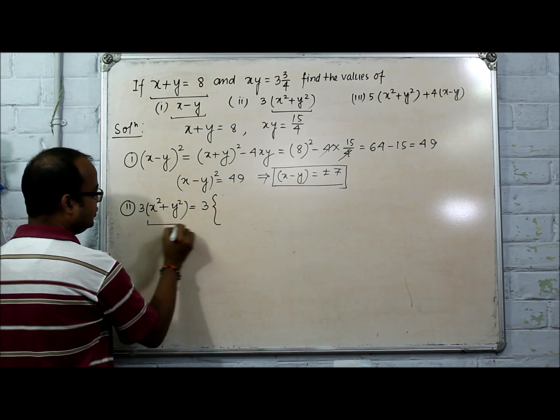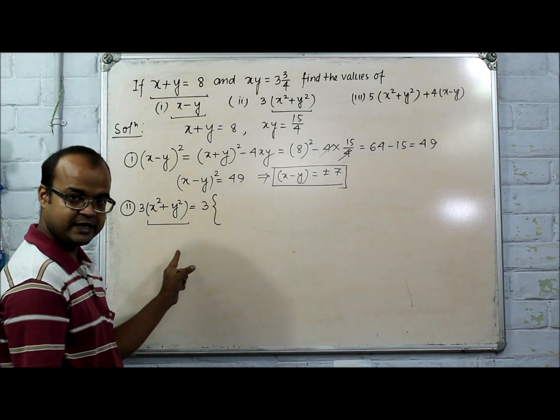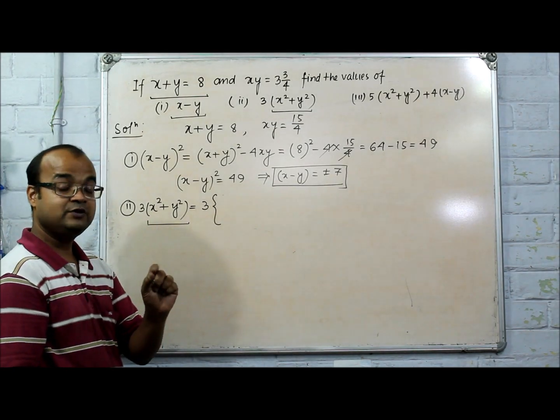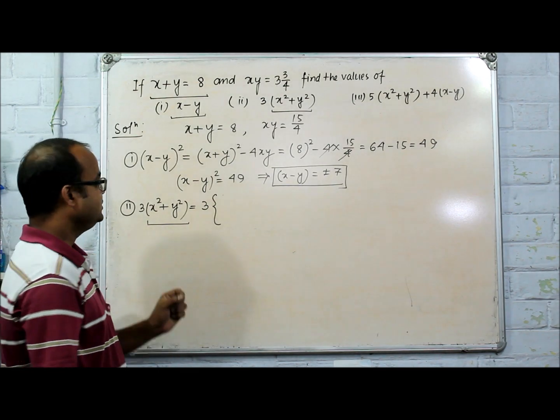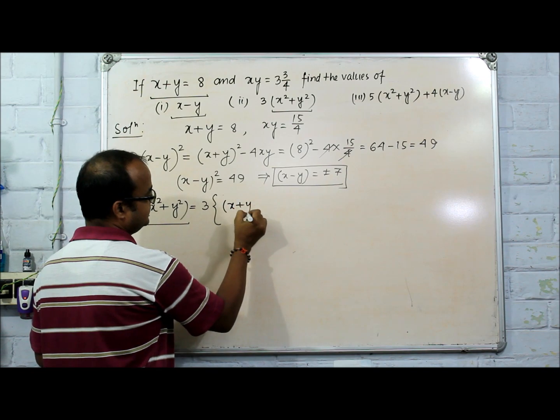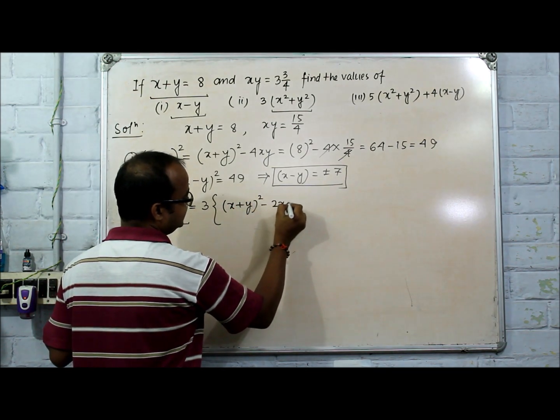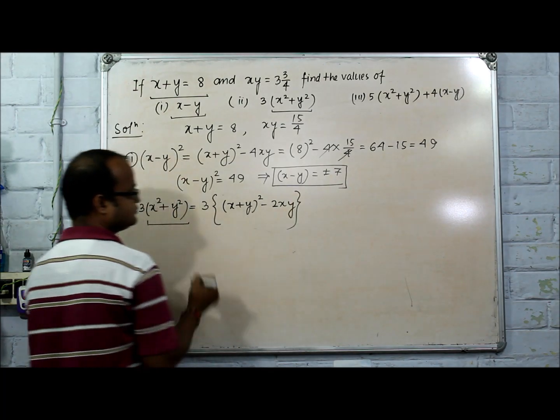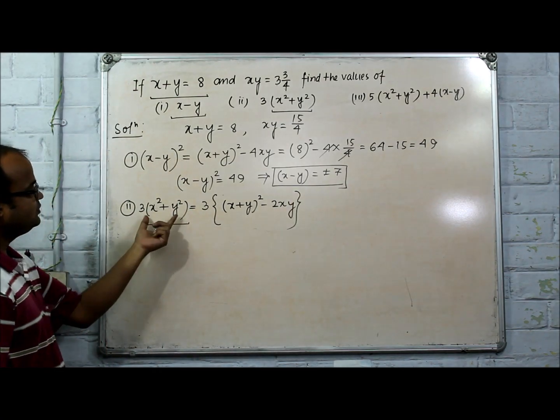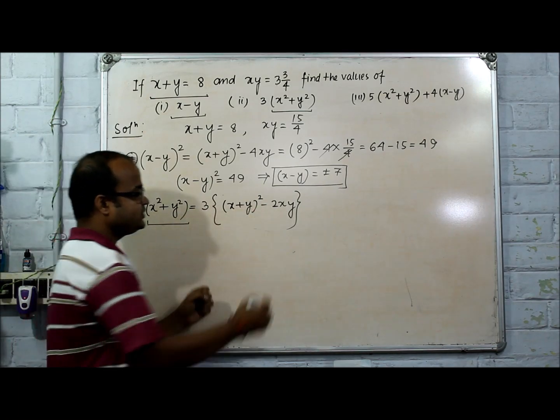Now here I am going to apply the formula of a square plus b square in terms of a plus b. So if you apply the formula, you will get (x plus y) square minus 2xy. The formula of x square plus y square is (x plus y) square minus 2xy.